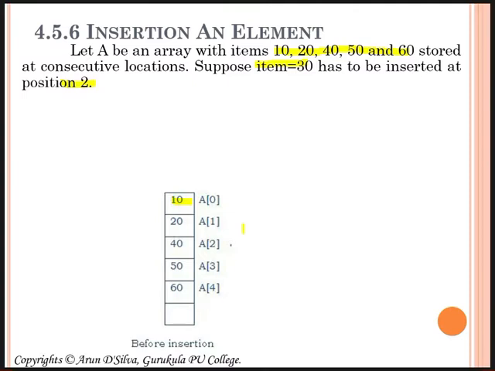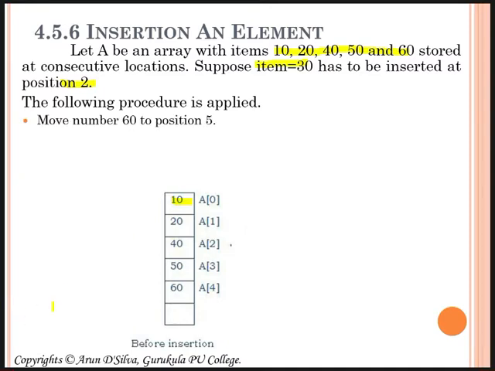Now what do you have to do? The following procedure is applied to insert the new element. First go to the last element, this 60. You have to move it to position 5. Right now it is at position 4, and you have to move it to position 5.